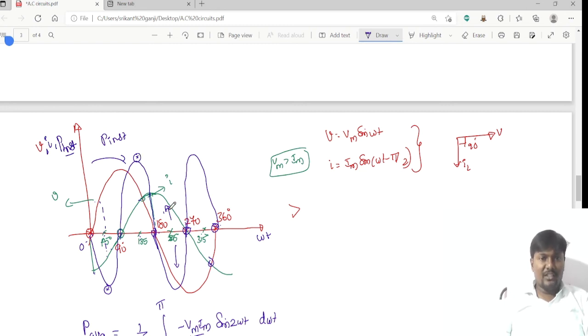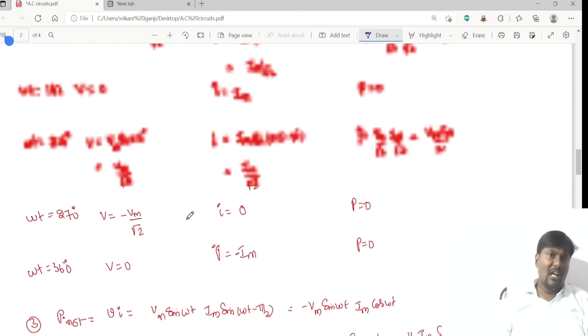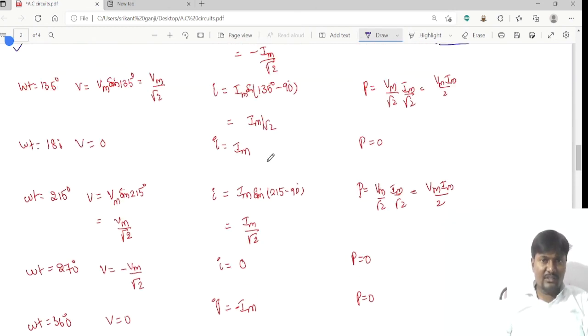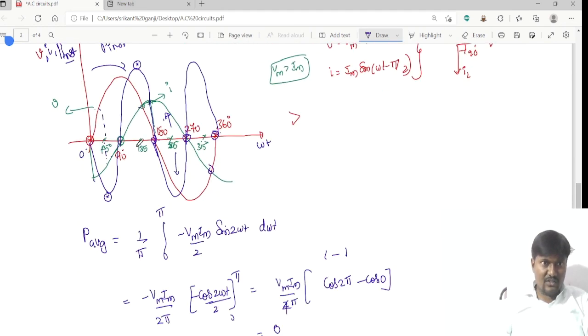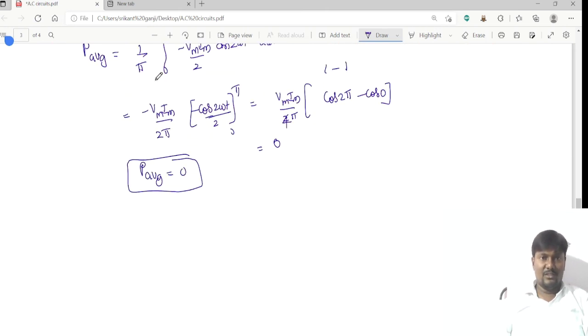At this position the current waveform is positive and this one is negative. Otherwise you should take these values and just do it. See, at 135 you can check just one value: Vmax by root 2, Imax by root 2, the power is positive. Check this, 135 degrees, yes, both are positive and it goes to the positive portion.